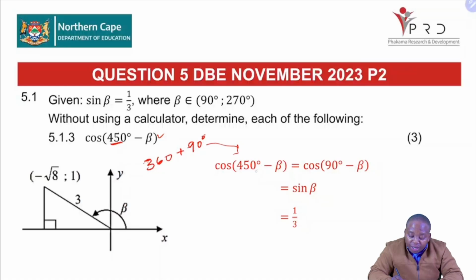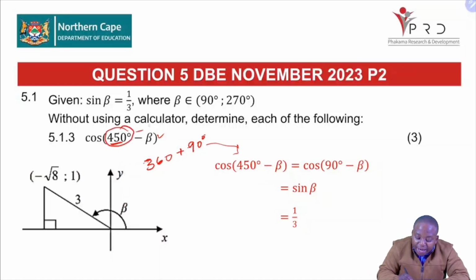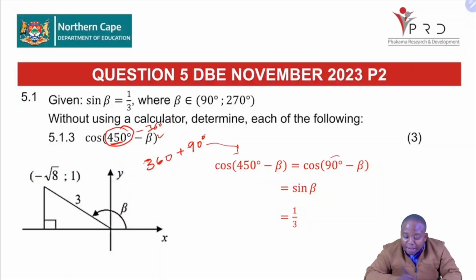So what we say here, we can also just take 450 and minus the 360, then we get 90. So we got cos of 90 minus beta. That becomes easier to work with. Then we can now see that what we are having now is what we call the co-functions.